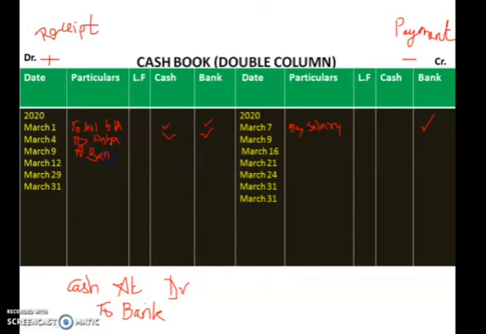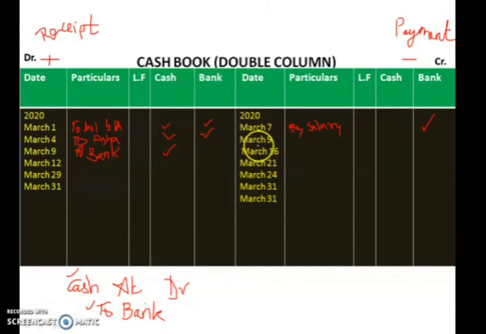I will write here to bank. But children, remember, when I write here to bank, the amount I will write on the cash side. Okay, to bank, cash side. See children, cash as well as bank column are there in this cash book. So we have both cash as well as bank column in these. Okay, so see, in cash side I recorded to bank.